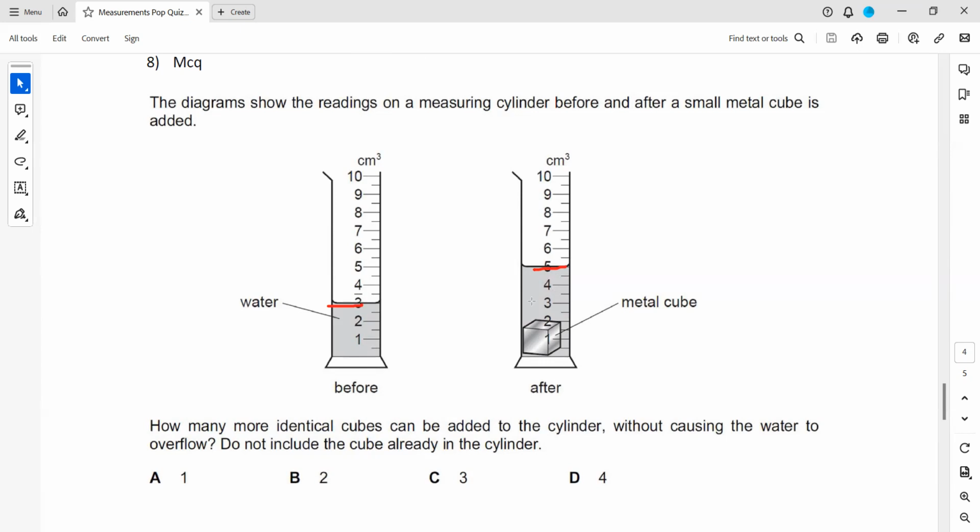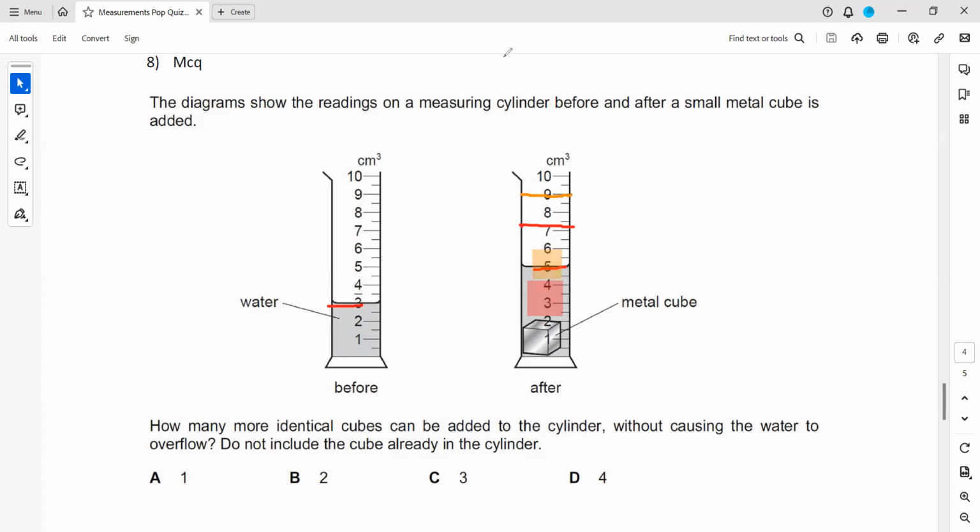So if we add another cube, the volume will change to 7. We add another cube, the volume will change to 9.